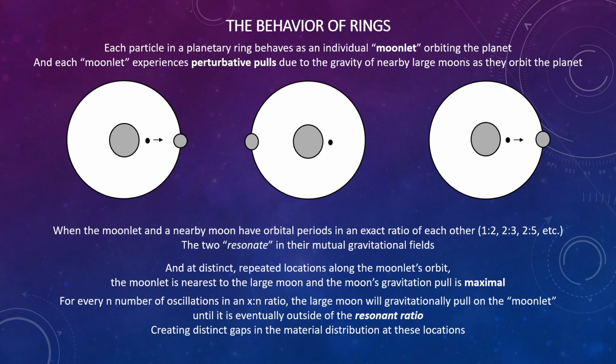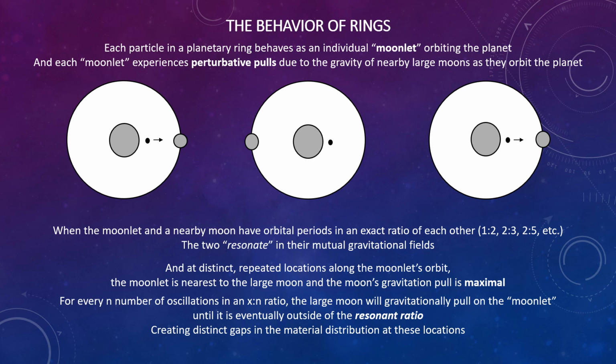So, I talked a bit about how these rings are changing and evolving over time, and one of the main ways that rings change is through this process of resonance. It's a little complicated, but I'm going to explain it in some simple terms so that we can understand it.